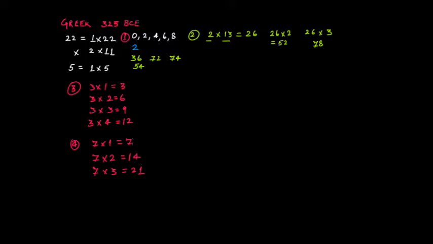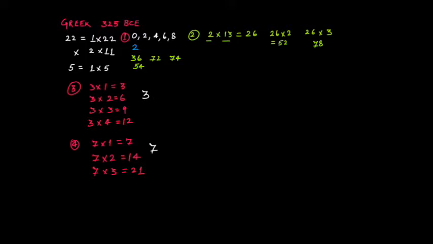So these 7, 14, 21 will also have a difference of 7 in between them, and here they had a difference of 3 in between them. These are the very basic things, but still I'm revising it.